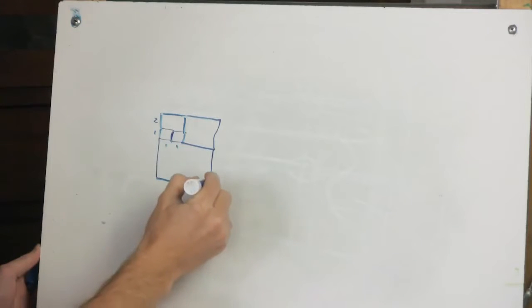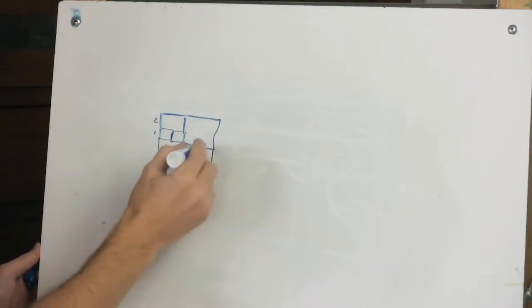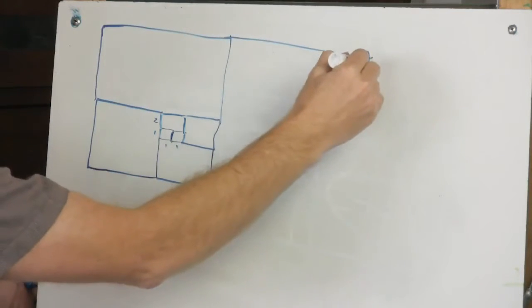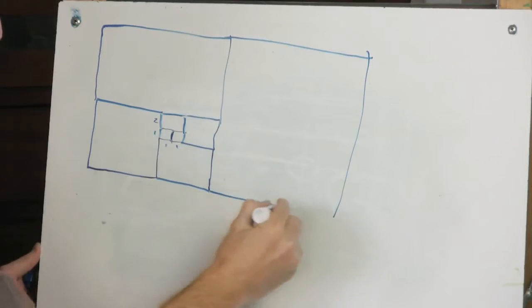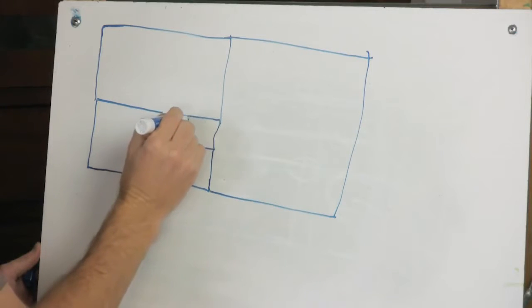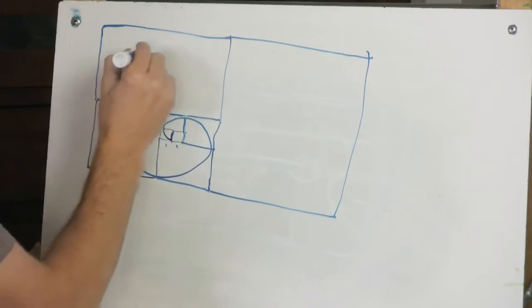We're adding 5 by 5 to that, and then we'll keep going, take the long side, add it to there, and then I'll just do one more here. And now if you draw a curve starting from the inside here, you see that it actually creates that nautilus shell.